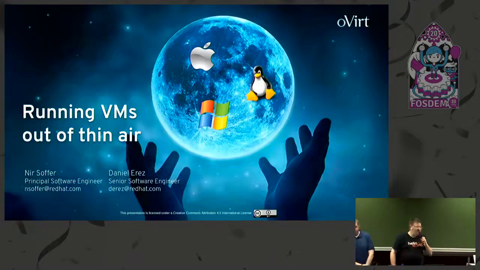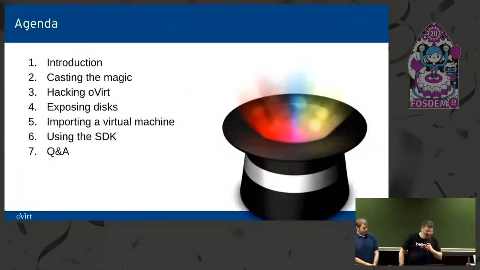So today we want to talk about running a VM from thin air, from nothing, and the magic to do it. First we introduce the problem with copying disks, and why we want to run a VM without disks. Then we see how we can cast the magic and run a VM without disks.